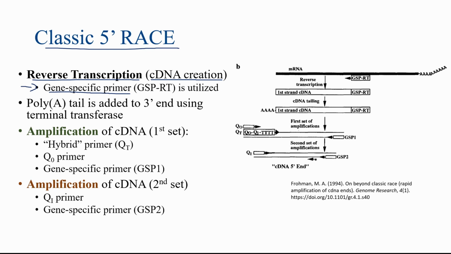So in this case, here you can see the gene-specific primer. It's annealing to this portion of our messenger RNA of interest, and it's going to extend this way to produce our very first strand of cDNA.